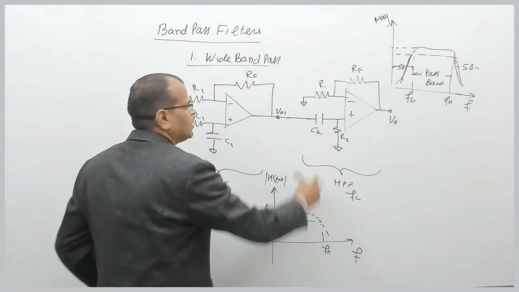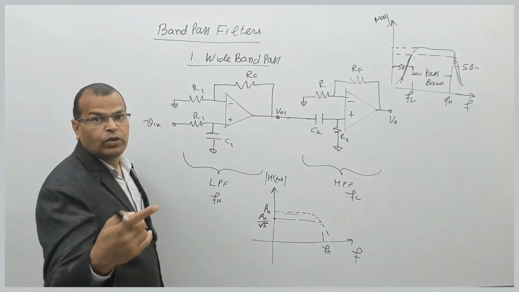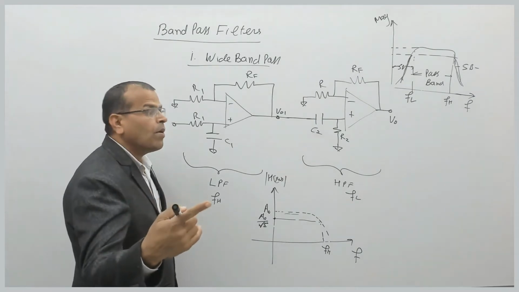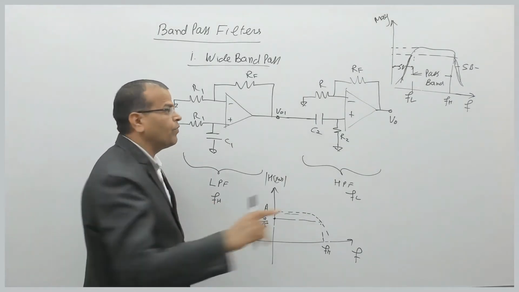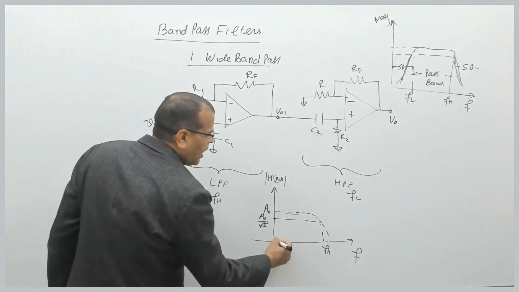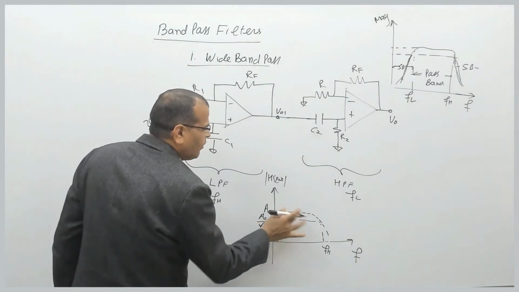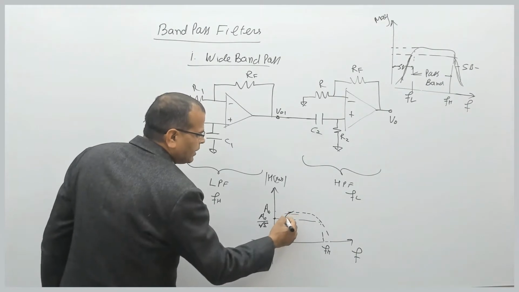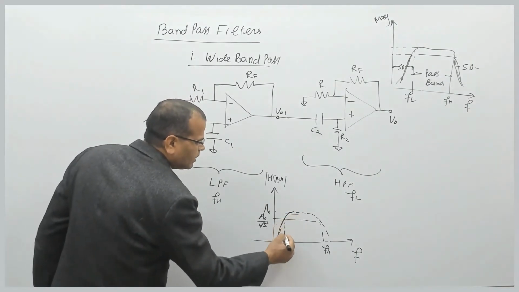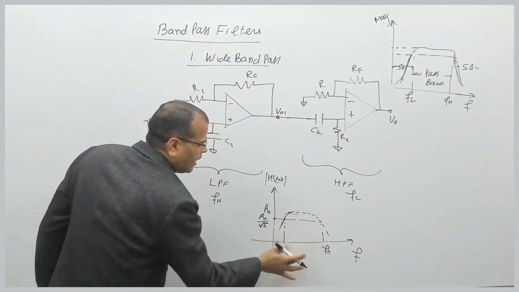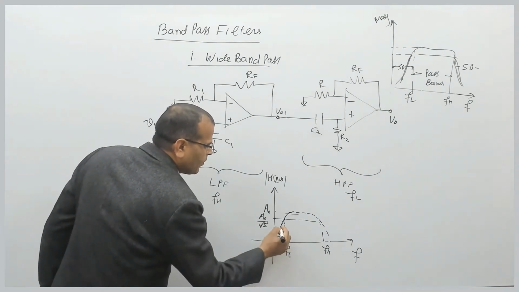Second is high pass stage. So it will allow the frequencies above the lower cutoff frequency of this stage, and we select in such a manner that lower cutoff frequency of high pass stage is this, and that frequency is FL, right.